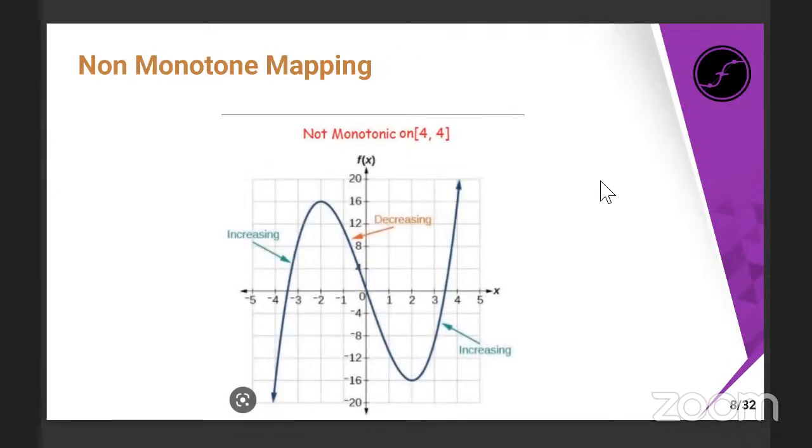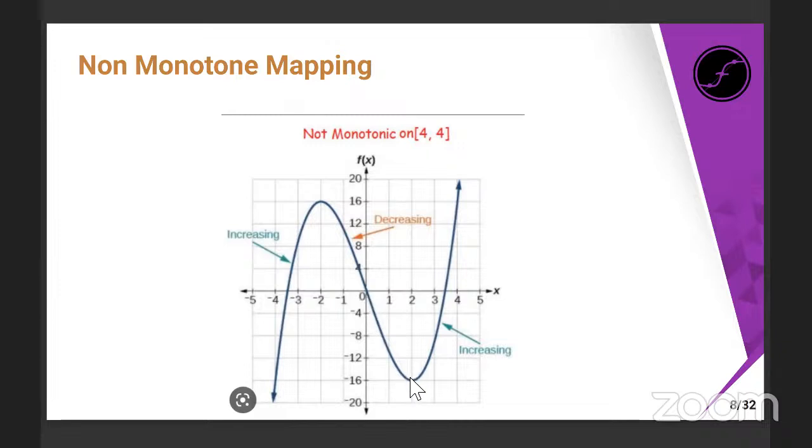But for this one, which is not monotone, one can easily see that we can produce so many points on the graph which may fail that condition. For example, if we consider 2 and 0 as our x and y, maybe x is 2 and y is 0.